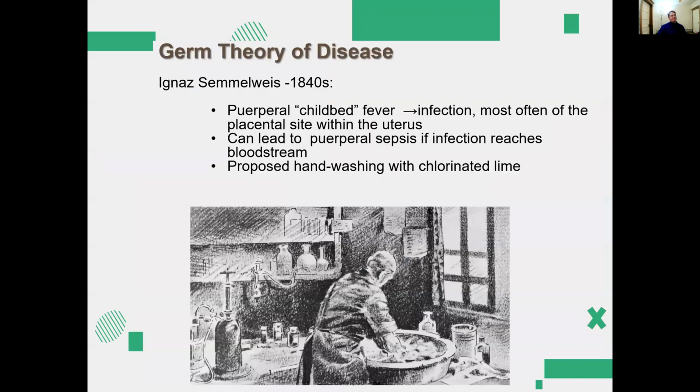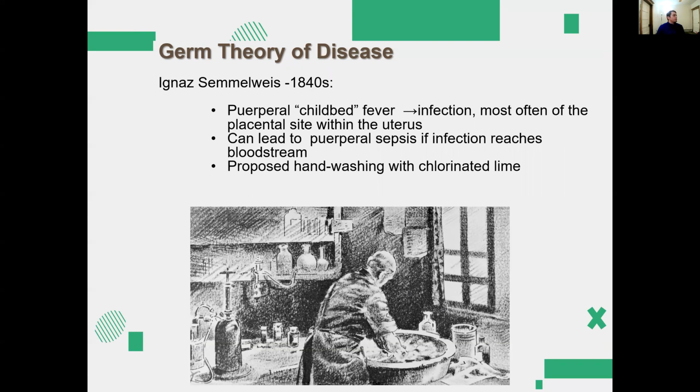So eventually, though, there was some progress on this front. Ignaz Semmelweis during the 1840s started the notion of the germ theory of disease, or at least got scientists on the right track. He worked in the Vienna hospital where 30% during certain months, specifically the Decembers and stuff, of the women delivering children were dying from childbirth fever.